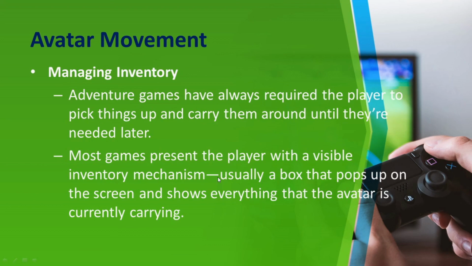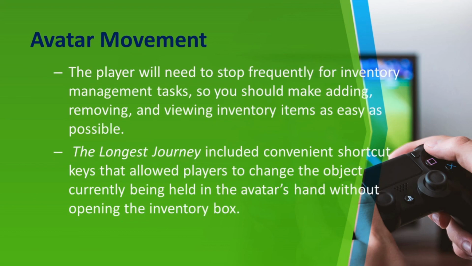Next is managing inventory. Adventure games have always required the player to pick things up and carry them around until they're needed later. Most games present the player with a visible inventory mechanism, usually a box that pops up on the screen and shows everything that the avatar is currently carrying. The player will need to stop frequently for inventory management tasks, so you should make adding, removing, and viewing inventory items as easy as possible.